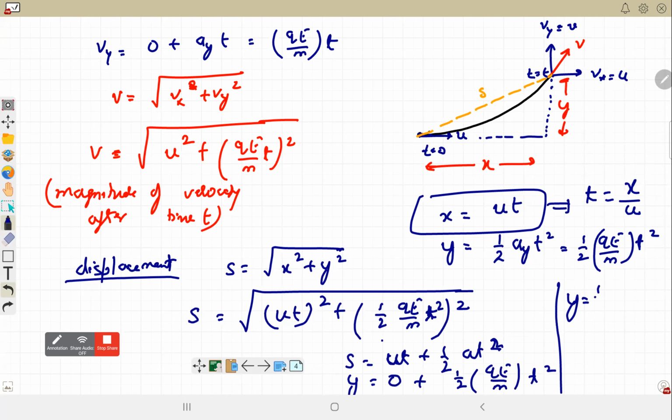Y is equal to half qE by m into t, t is x by u, whole square. This is the equation of path: qE upon 2mu square times x square.